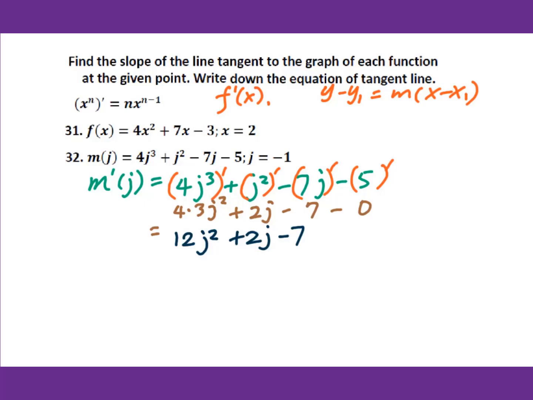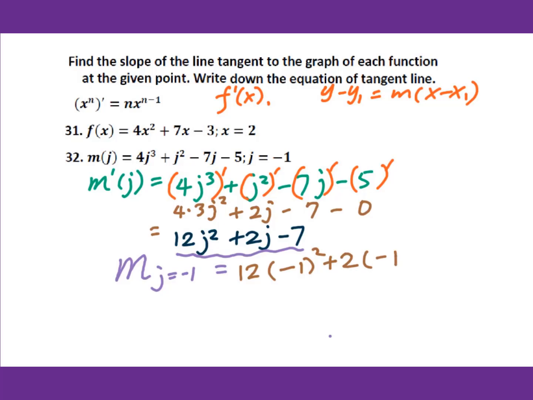Then for the slope of the tangent line at j equals -1, we just need to plug -1 into this derivative function. Then we get 12 times (-1) squared plus 2 times (-1) minus 7.